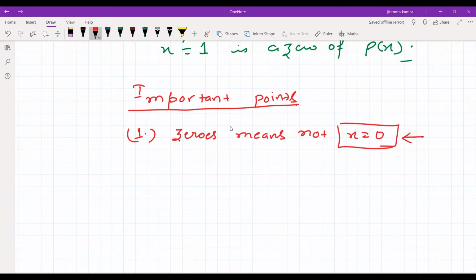We are talking about any value of x at which p(x) is becoming 0. We should not get confused that if 0 is written here, it means x should be equal to 0. That is not true. Zeros means we are talking about p(x) equal to 0, not x equal to 0.